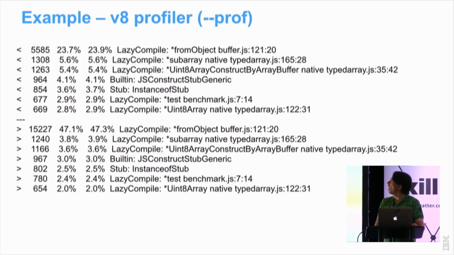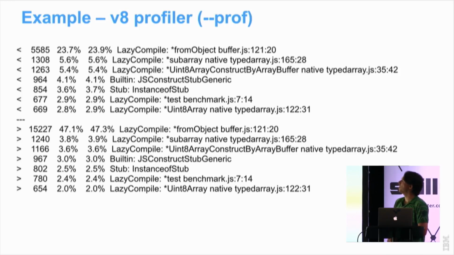Before, I showed you the V8 profiler, with --prof. The profile at the top here is from Node 4.3.2, and we can see the hottest method is this lazy compile of from object, and it gives us the line number in the native JavaScript library in buffer.js.